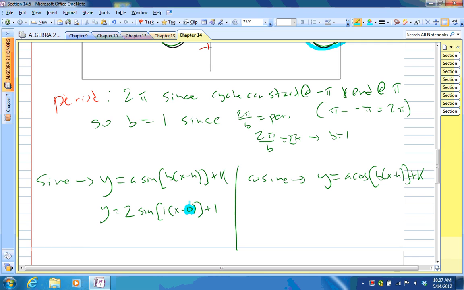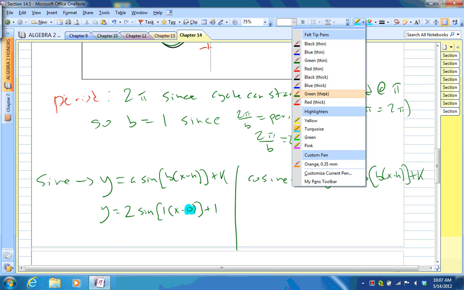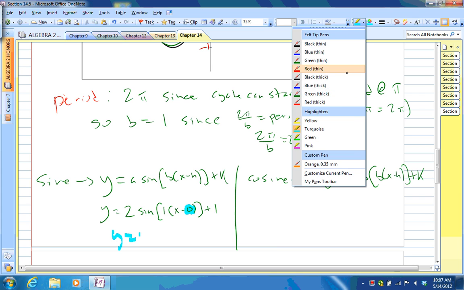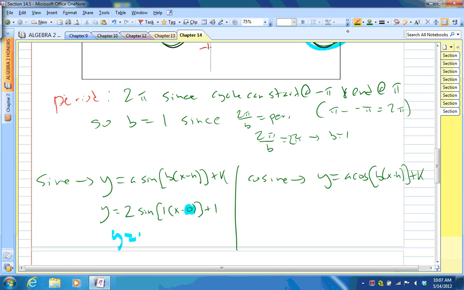And a and k, we found as well. So the answer is just going to be y equals 2 sine x plus 1.